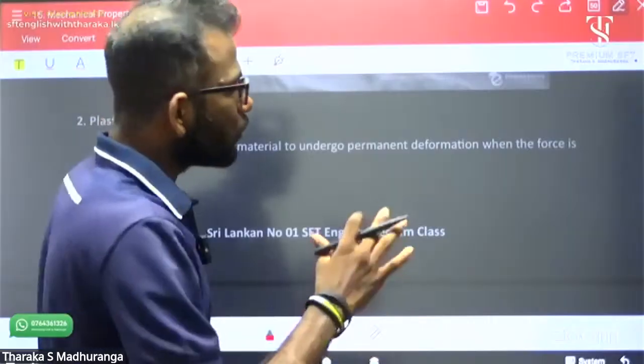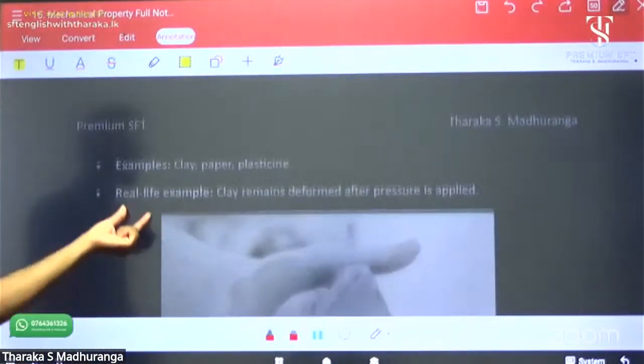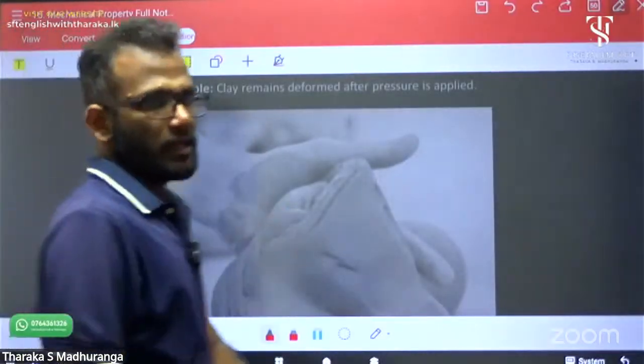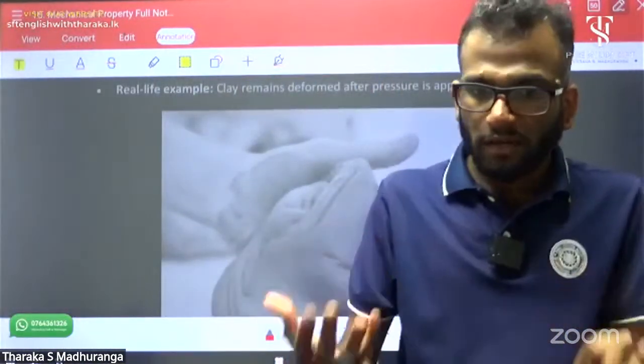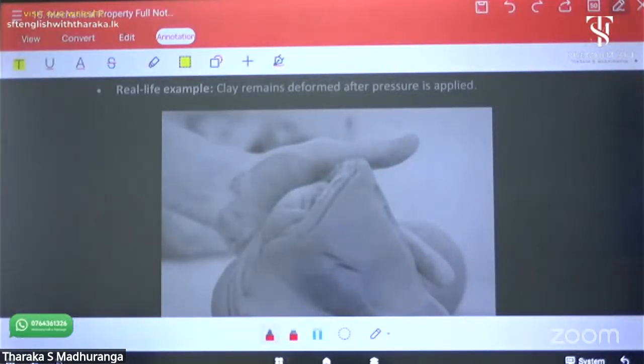That's the meaning of inelasticity. Clay, papers and cardboards are examples.